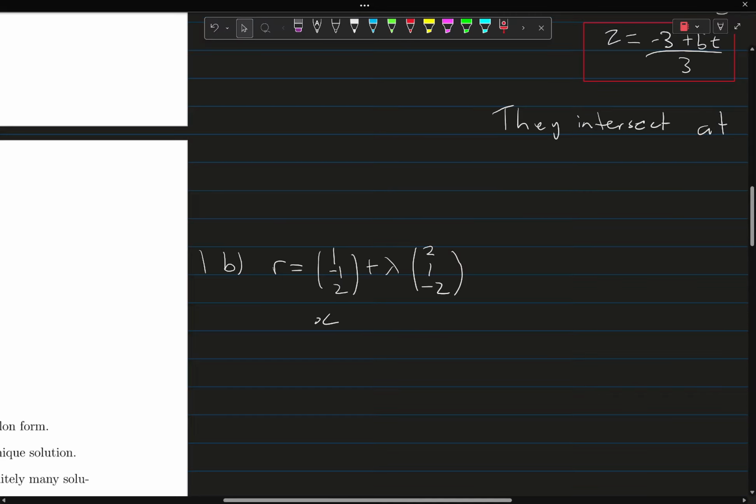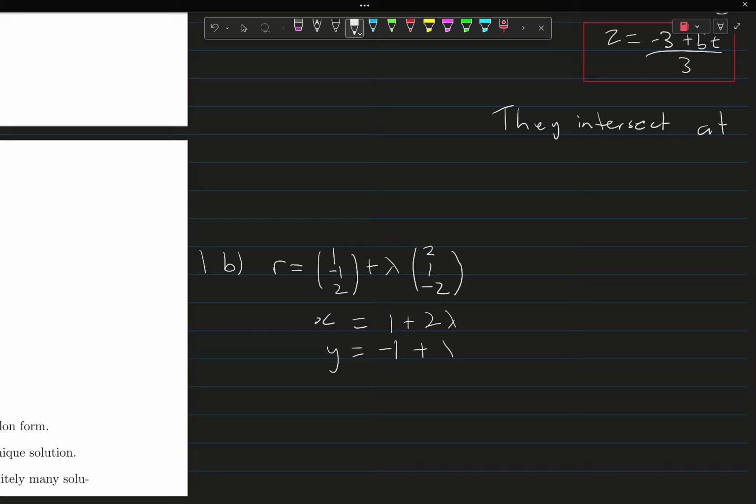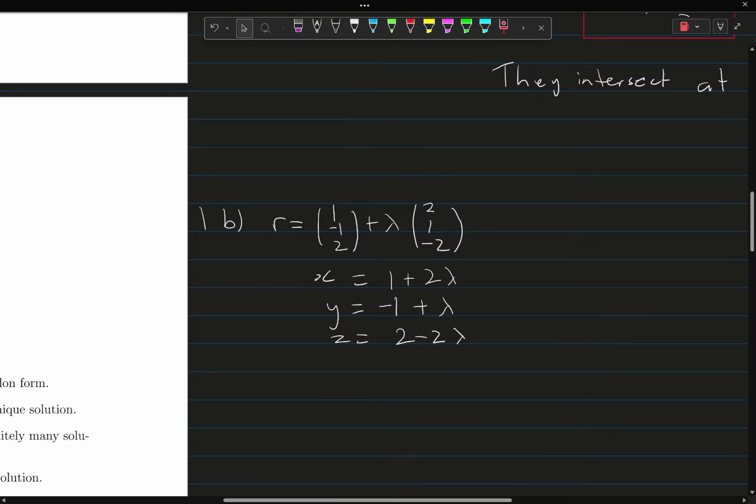So that means x equals 1 plus 2 lambda, y equals negative 1 plus lambda, and z equals 2 minus 2 lambda.